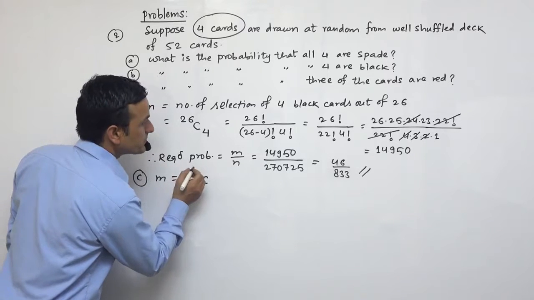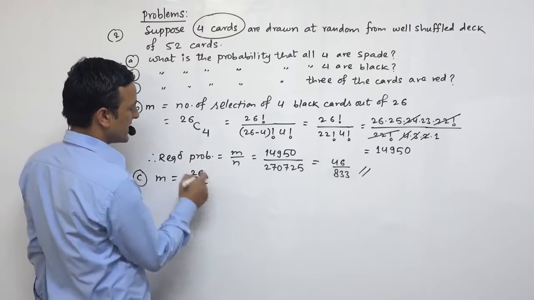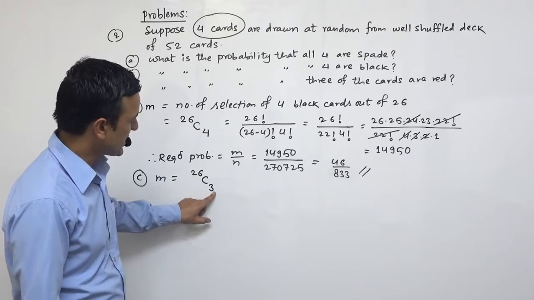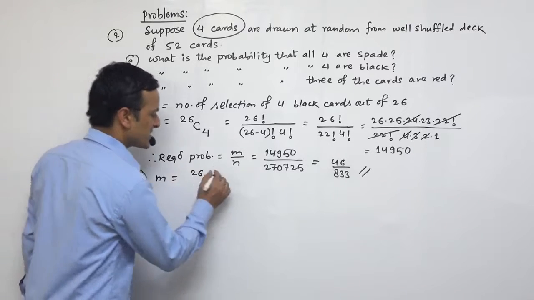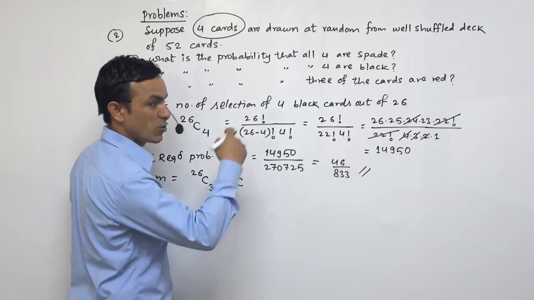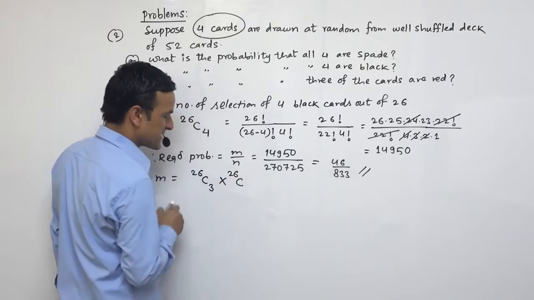So total red cards are 26 and out of them only 3 cards are red. 26 cards but 3 wata red भन्ने बित्तिकै we can write down like this, into another selection from black cards. So how many black cards? It is also 26.